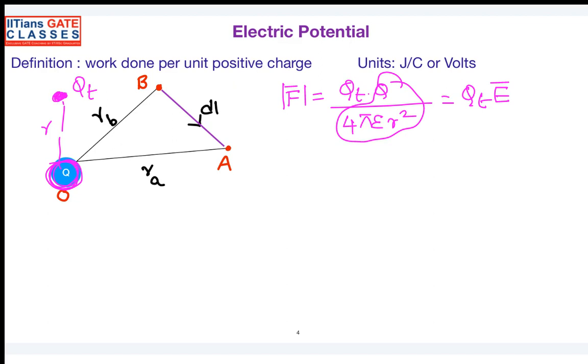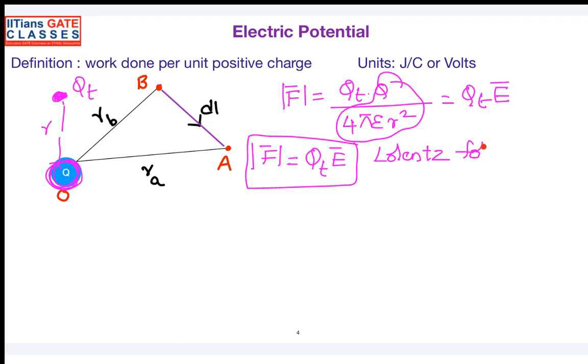Simply, the moment I bring a test charge into a medium where some electric field already exists, the force experienced by the test charge is qt times the electric field at that point. This is in the form of the Lorentz force. But actually, the Lorentz force and Coulomb's law of force are both the same. We studied Coulomb's law whenever there are two charges.